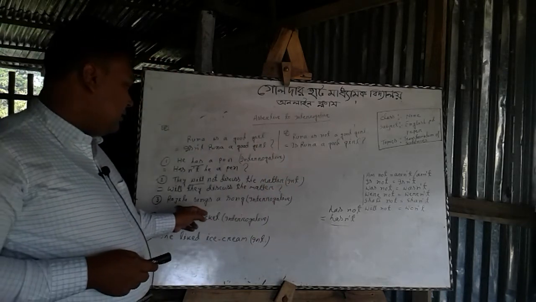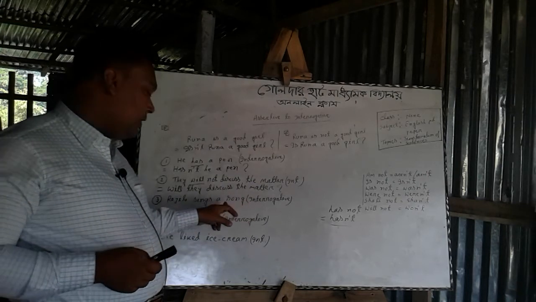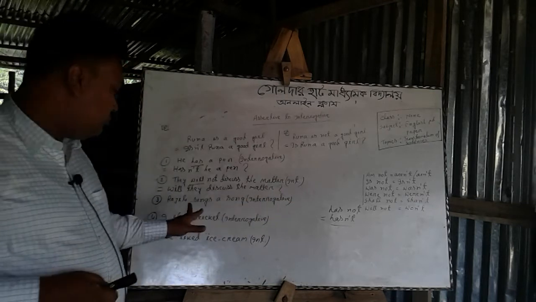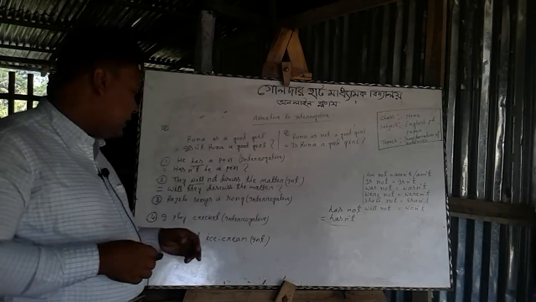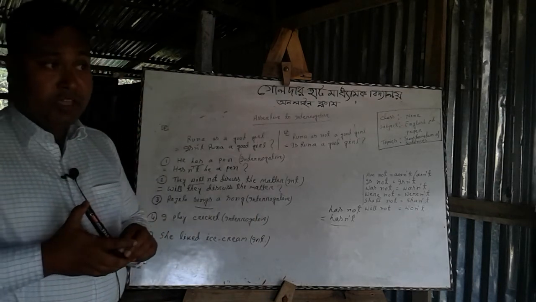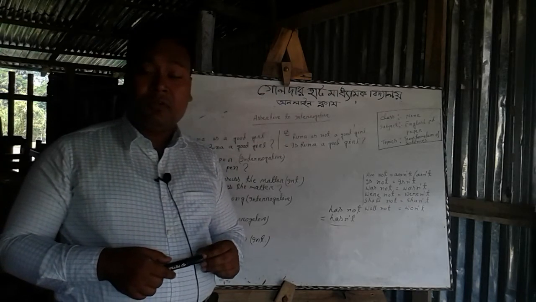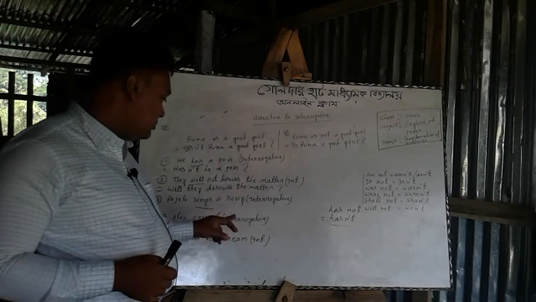But here you see that there is no auxiliary verb. Rina sings a song. Here no auxiliary verb is used, the main verb is used, sings. So if any sentence has no auxiliary verb, how do we transform this kind of sentence into interrogative?